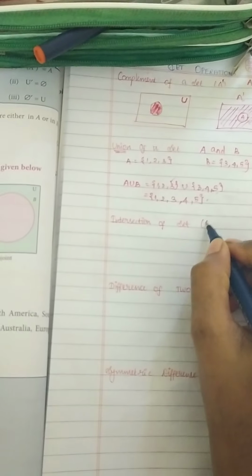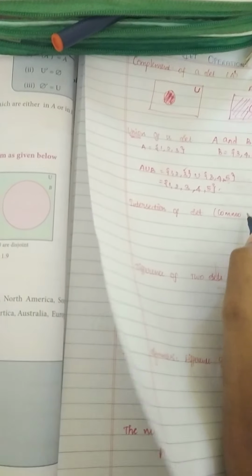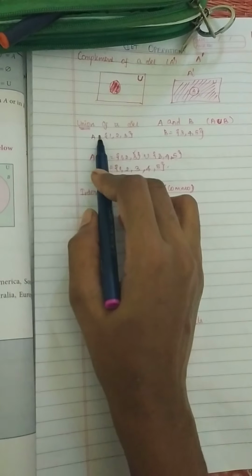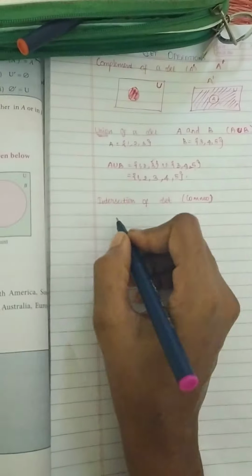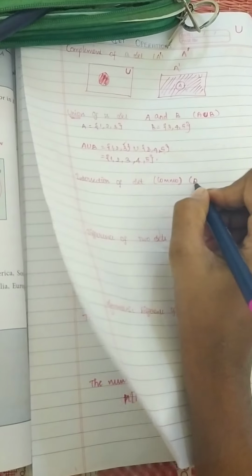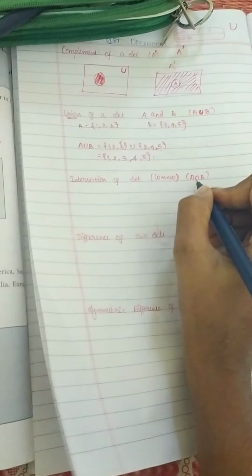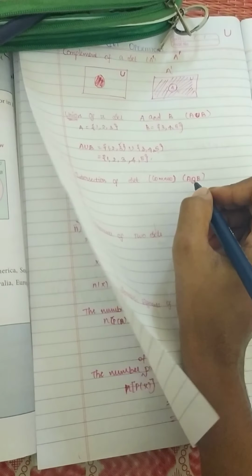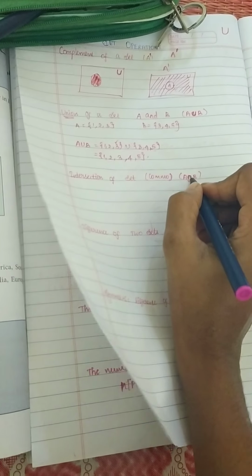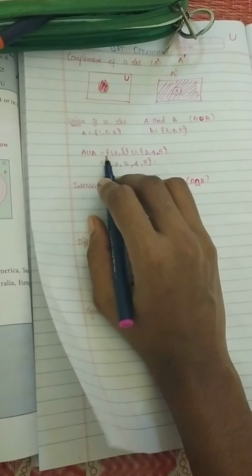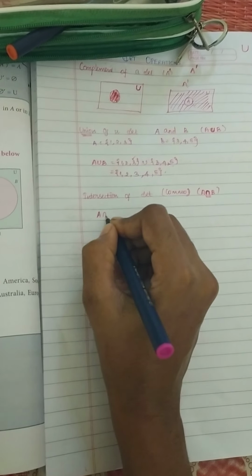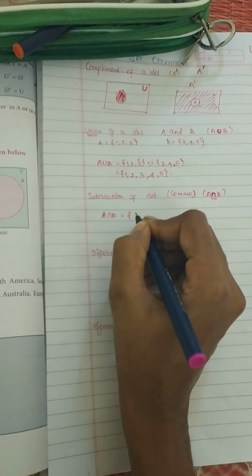Intersection is nothing but your common. I need the common elements. That is my intersection. For example, taking the same example, I am going to intersect. The symbolic representation of intersection is like this. You should write like this. The set should use the curly bracket alone. Don't use the square bracket.